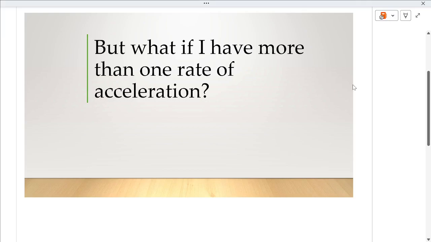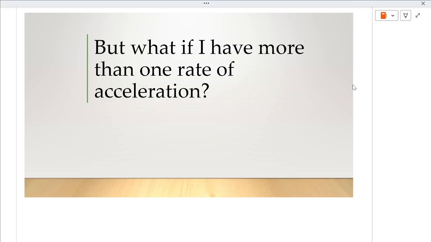We are going to talk today about what happens if we have more than one rate of acceleration. Previously we have been using formulas from page 58 and from our formula chart, but I told you when we first learned those formulas that they are only good if you have one rate of acceleration.